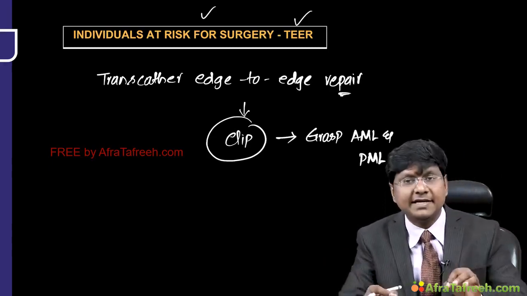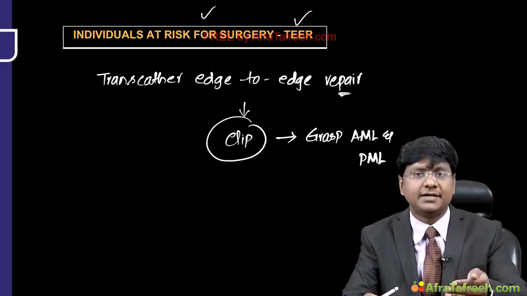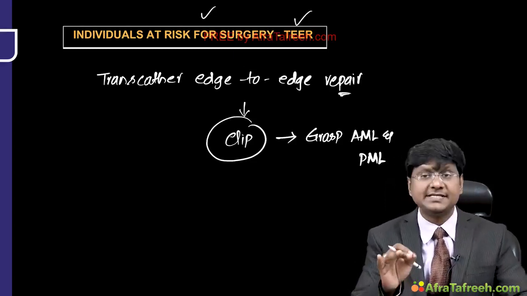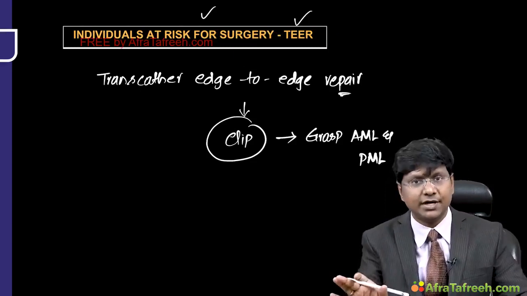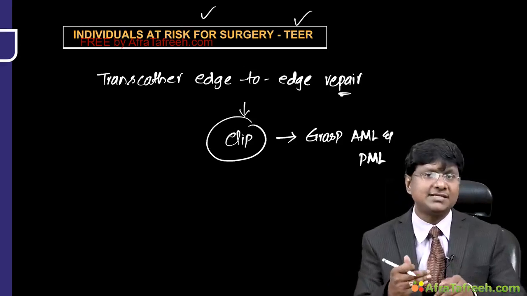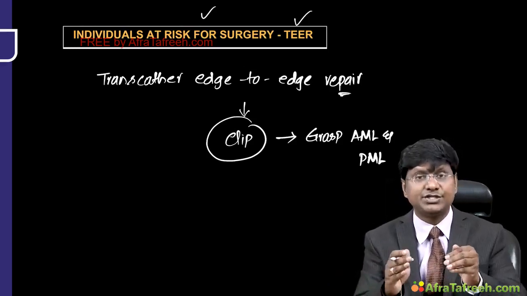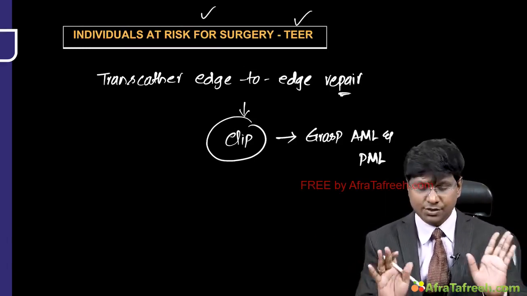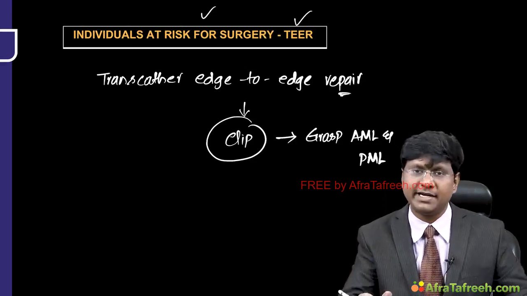By grasping the anterior and posterior mitral leaflets together, that can prevent the progression of the mitral valve prolapse. So this is indicated in those individuals who have a high surgical risk. Okay, and by doing this TEER, the mitral regurgitation can be reduced and the severity can be eliminated. So that is about the surgical treatment or the interventions in case of mitral valve prolapse.